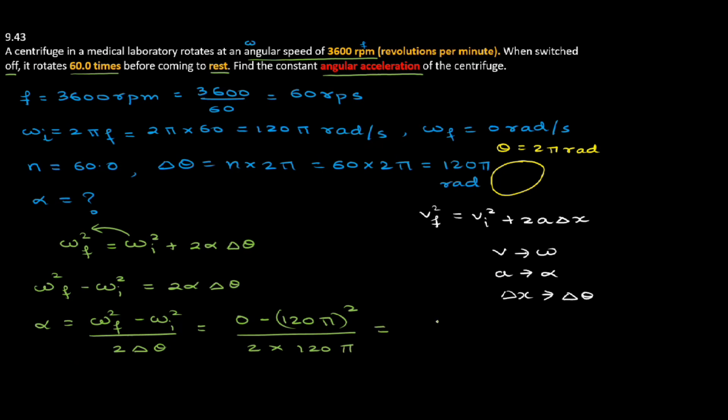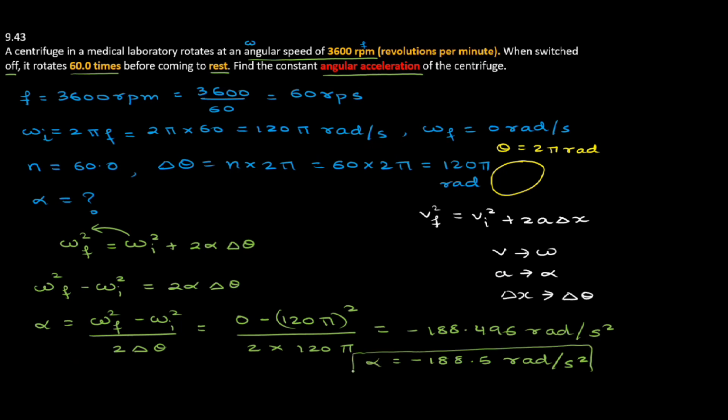And when you solve this, you get your alpha as negative 188.496 radian per second squared, which you can round off as negative 188.5 radian per second squared. So this is my constant angular acceleration experienced by the centrifuge.